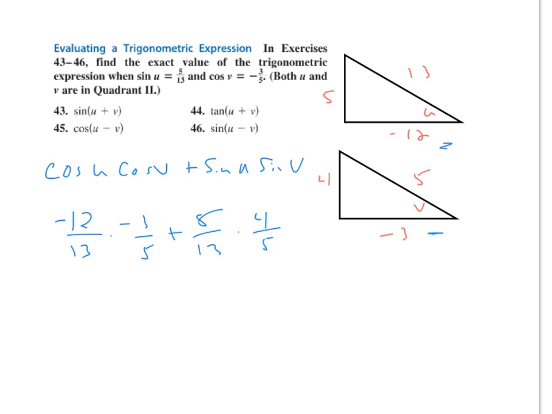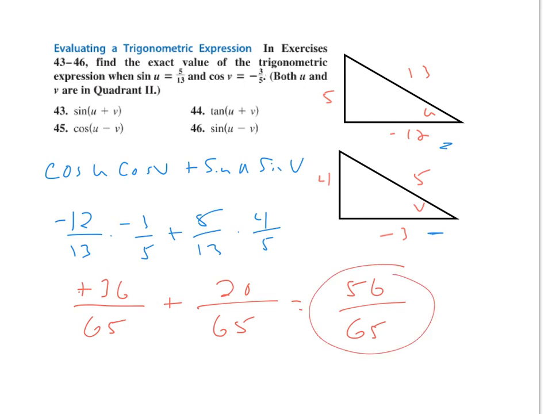Again, if I multiply, on the bottom I got 13 times 5, which is 65. Negative 12 times negative 3 is positive 36, plus, on the bottom, 13 times 5 is 65, and 5 times 4 is 20. 36 plus 20 is 56. 56 over 65 is my final answer.